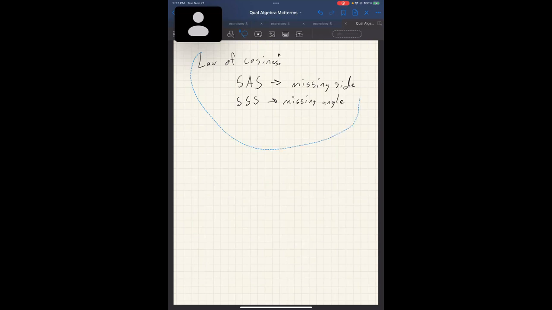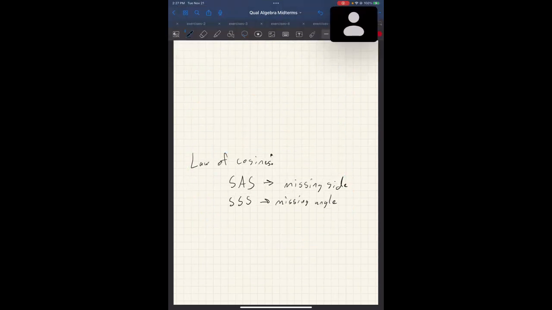So we can break all of our cases up between the law of sines and the law of cosines. If I have angle, side, angle, or angle, angle, side, or side, side, angle, these are the ones where we use the law of sines.